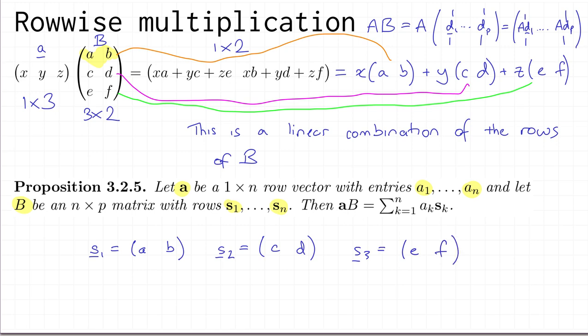And in general, when you multiply a row vector into a matrix, the result is a linear combination of the rows of the matrix.